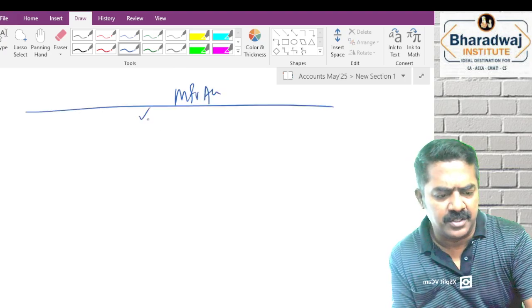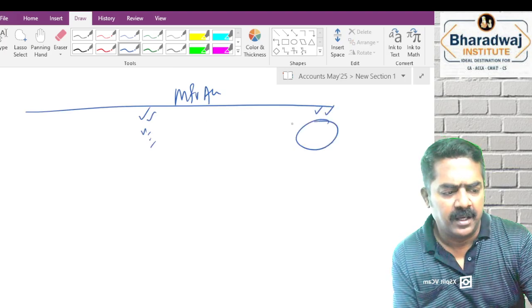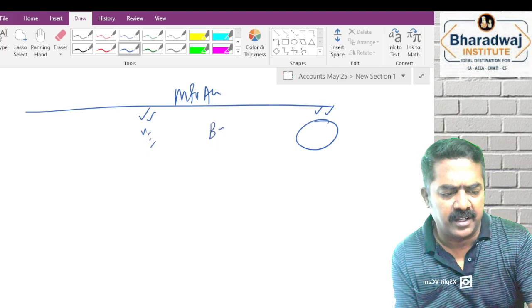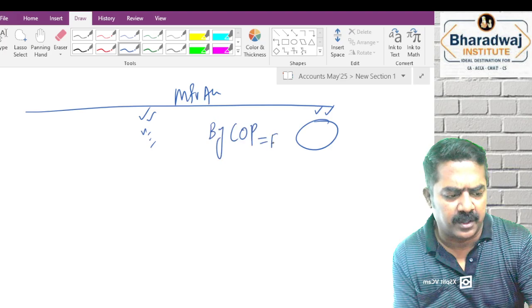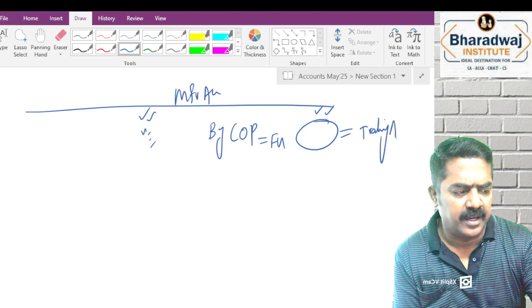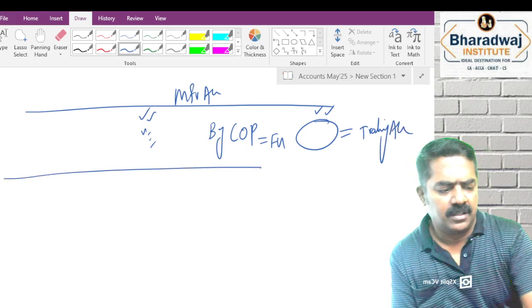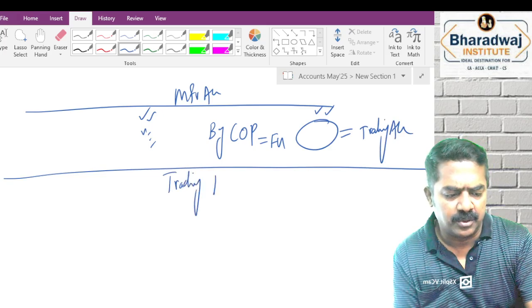Manufacturing account. We charge various expenses. We credit by-product and closing WIP. As a balancing figure, what do we get? Cost of production, which is nothing but finished goods. This is transferred to which account? Trading account.